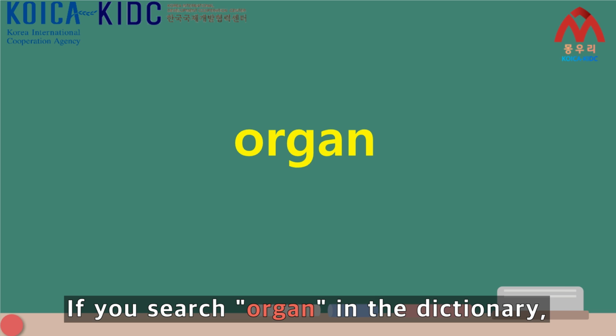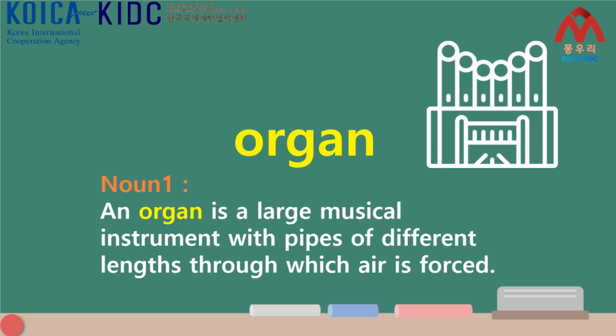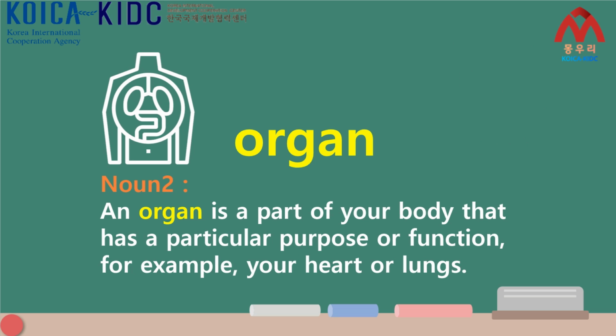If you search organ in the dictionary, an organ is a large musical instrument with pipes of different lengths through which air is forced. An organ is a part of your body that has a particular purpose or function, for example, your heart or lungs.